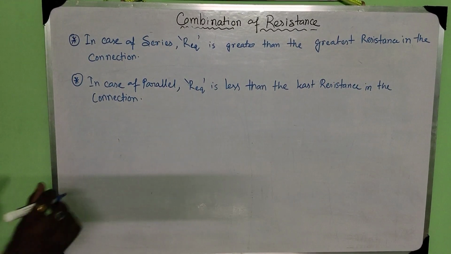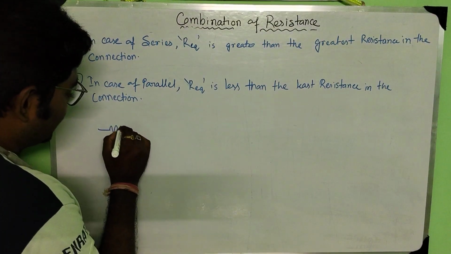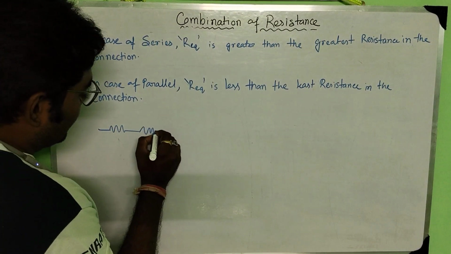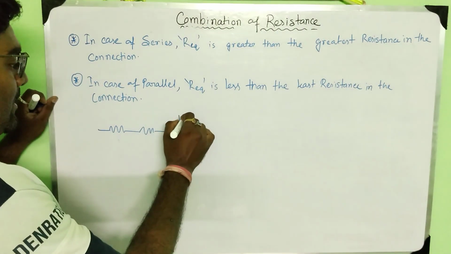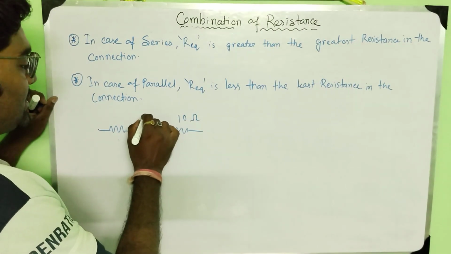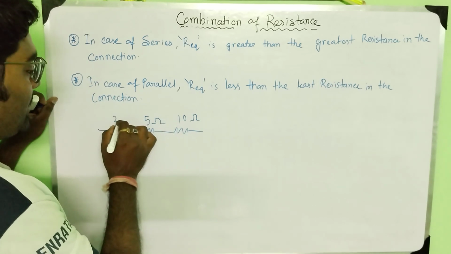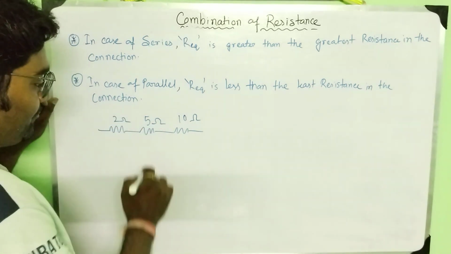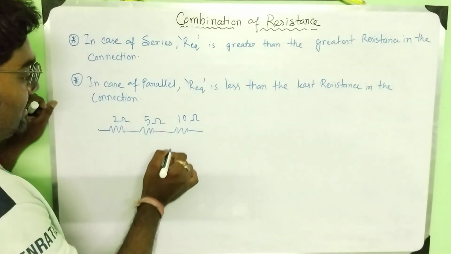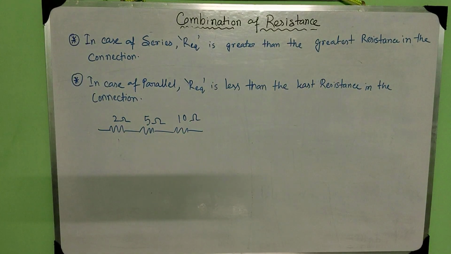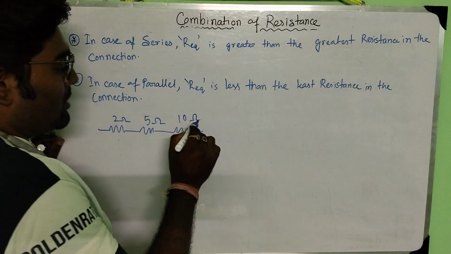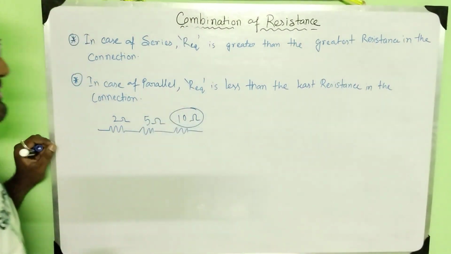Let's say I am taking 3 resistances: 10 ohm, 5 ohm, 2 ohm. Then which one is the greatest resistance? Obviously the 10 ohm is the greatest.